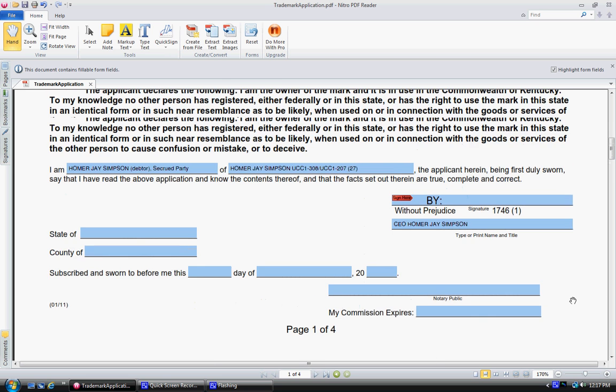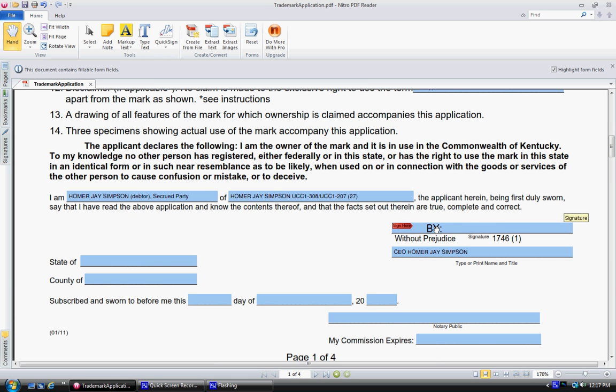But she did say this: when you sign here, if you can't type in the word "by," just write it in capital letters. I'm going to try and fix this and push it back a little bit. But she did say use a purple ink pen to sign your name. And make sure you write "without prejudice."